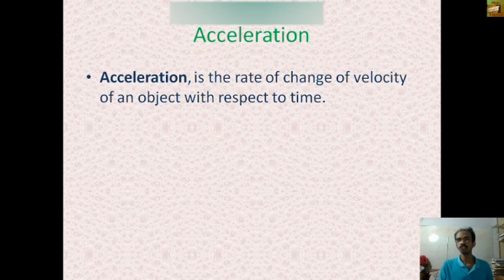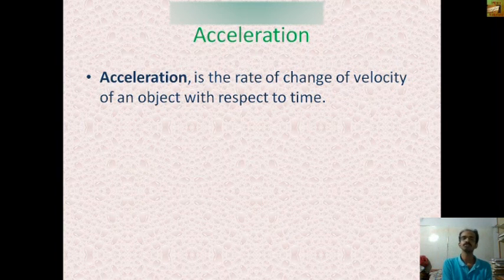Now acceleration. Acceleration is the rate of change of velocity of an object with respect to time. That is, if the velocity changes with respect to time, the body is said to be accelerated.